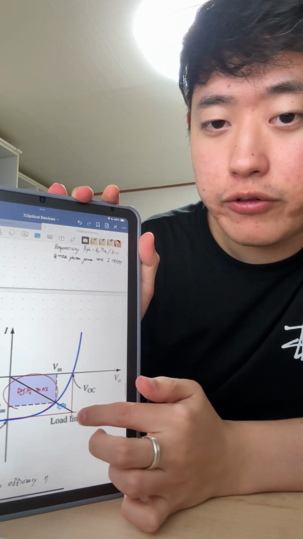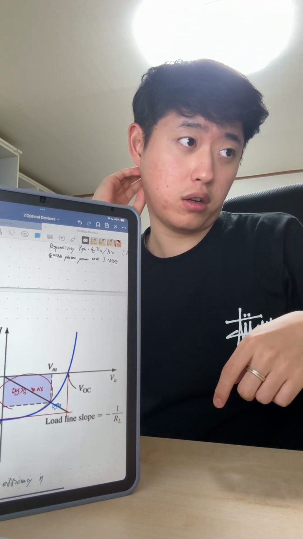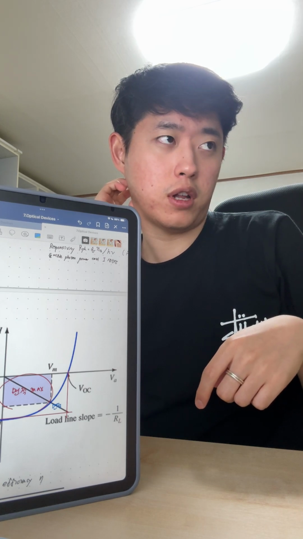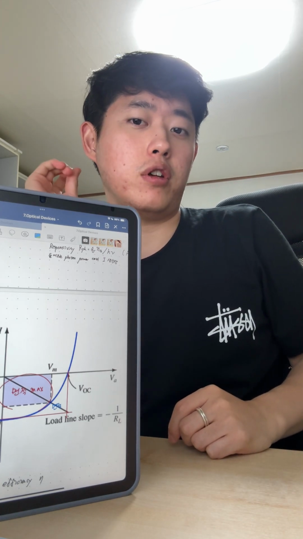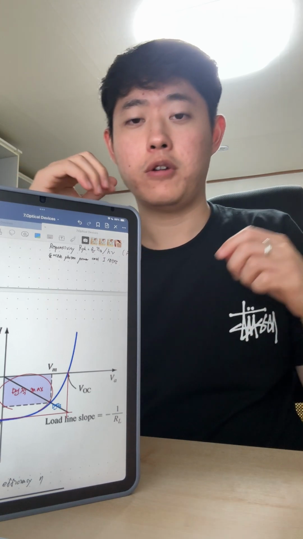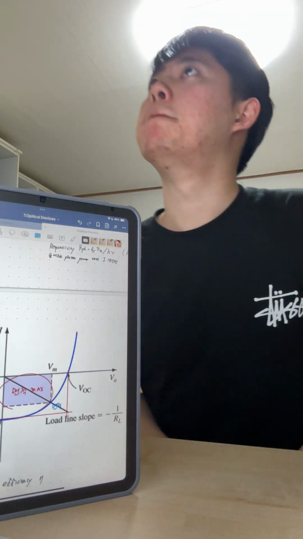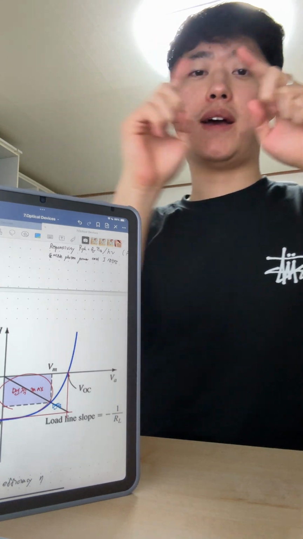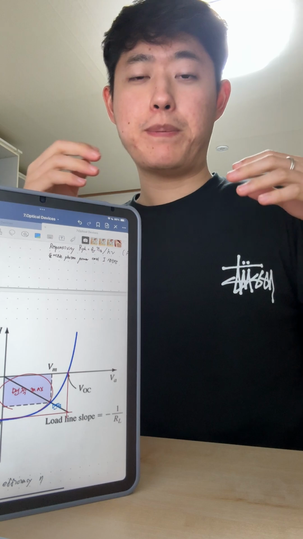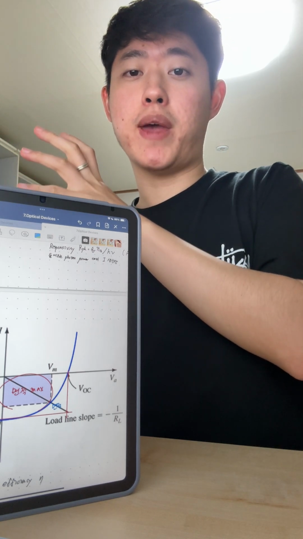And this is the fill factor. This is like an efficiency factor, so like the real max power over the ideal max power.